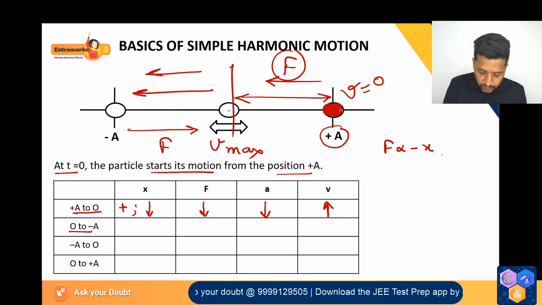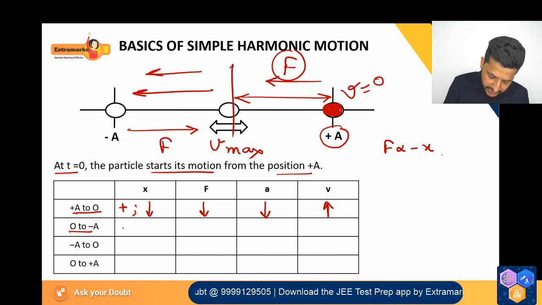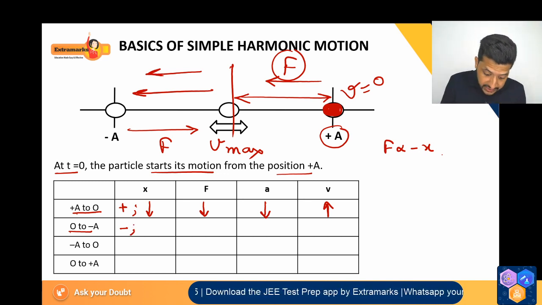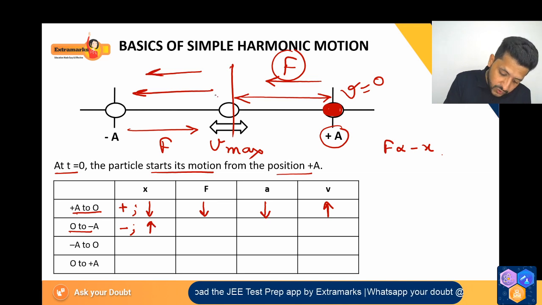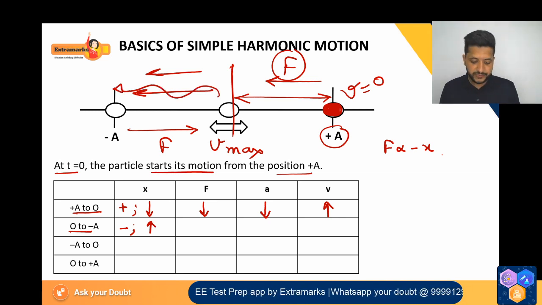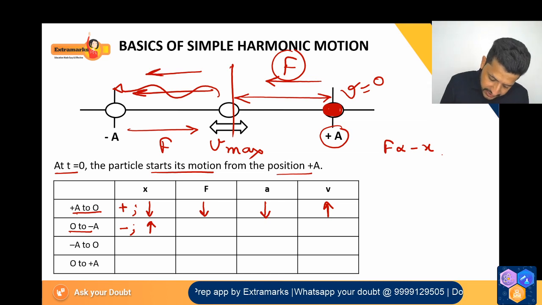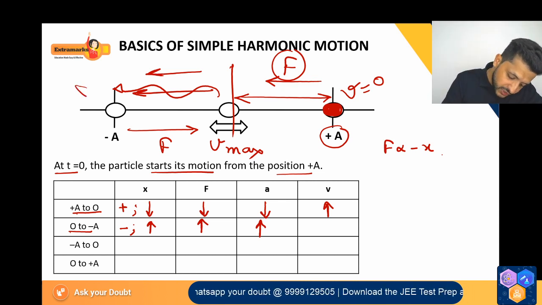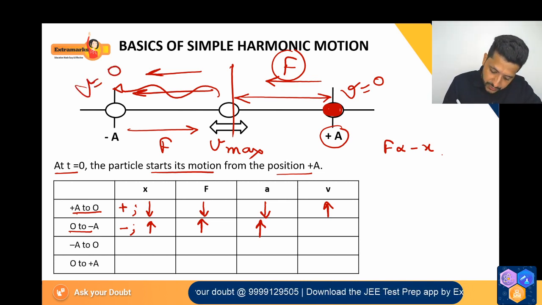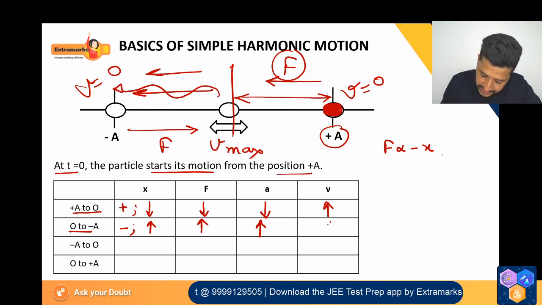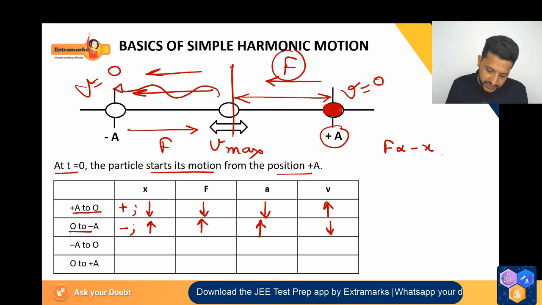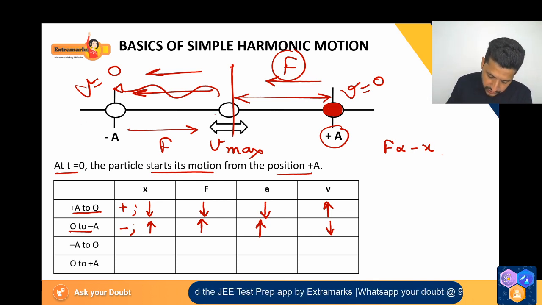Now going from O to minus A, the value of X is negative, left side of the origin, and X is now increasing because the particle is going away from the origin. If X increases, F increases, Hooke's law, acceleration increases, Newton's second law. At the extreme position, velocity is 0. At the mean position, velocity is maximum, so velocity has decreased. Correct?